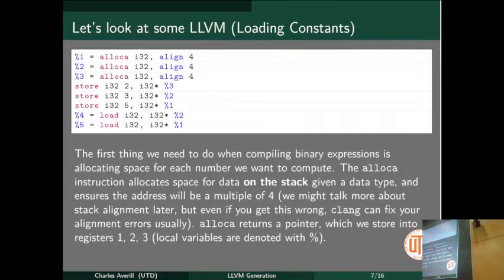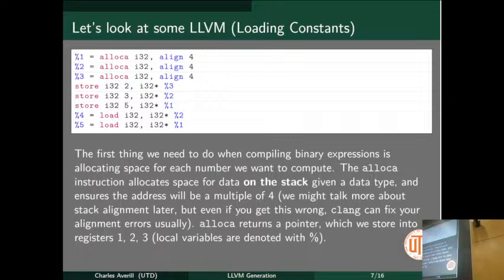But this is just from digging around through documentation that I figured this part out. But yeah, so the first thing we need to do is we need to allocate space on the stack. And it's kind of also a virtual stack. Just don't worry too much about it. And that's what these first 3 lines are. This is what this allocate statement is. It's saying, give me an I32 and align it to the 4-byte boundary on the stack.